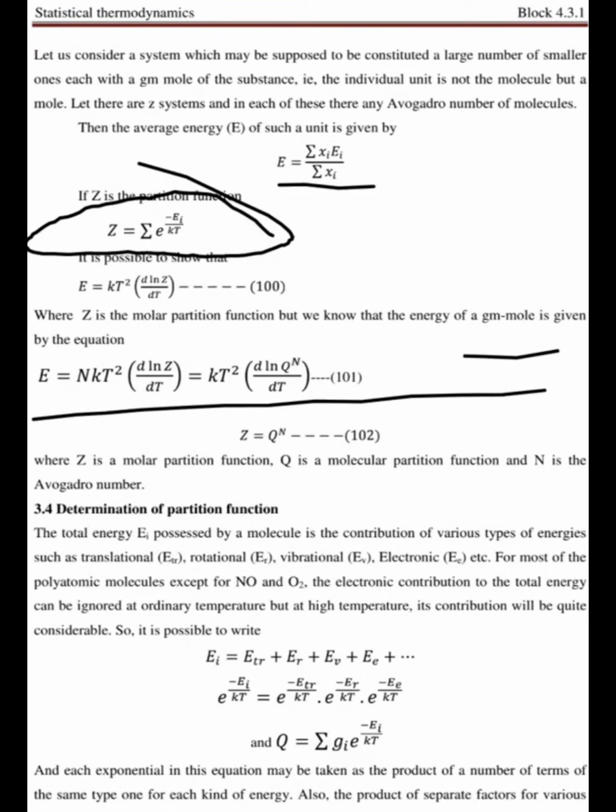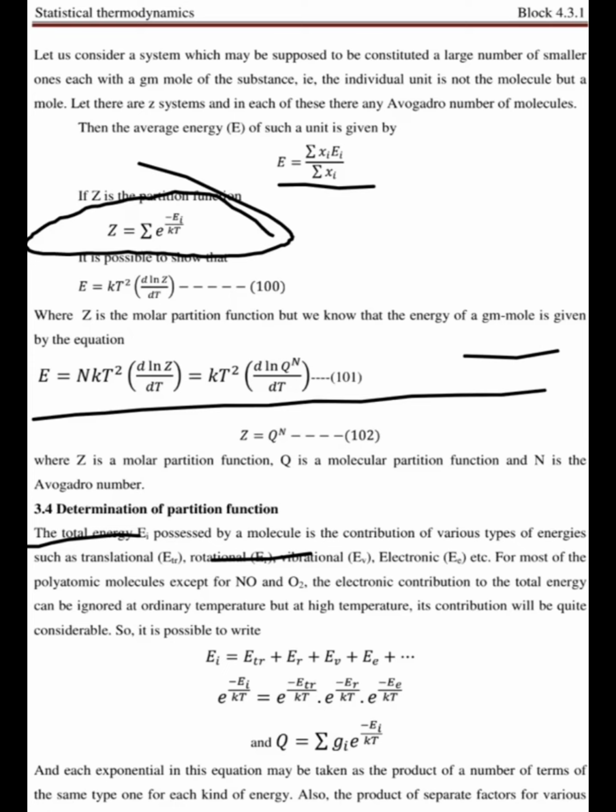And next is the determination of partition function. To determine the partition function, the total energy ei possessed by a molecule is contributed by various types of energy, such as translational, denoted by ETR, ER for rotational, EV for vibrational energy, and EE is the electronic energy.